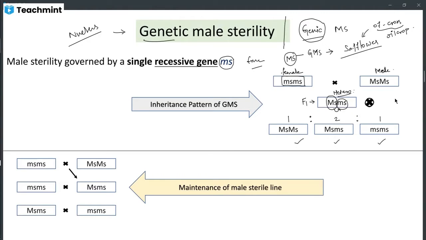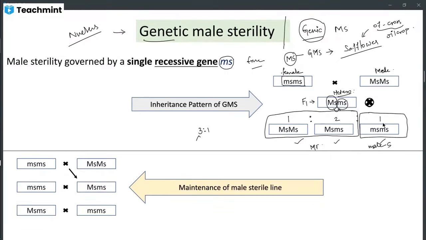Among these three different genotypes, which is the male fertile one and which is the male sterile one? The last homozygous one is recessive male, that is correct. The last one is male sterile, and the remaining will be male fertile, right? If we compare the ratio between male fertile and male sterile, it will be 3:1.